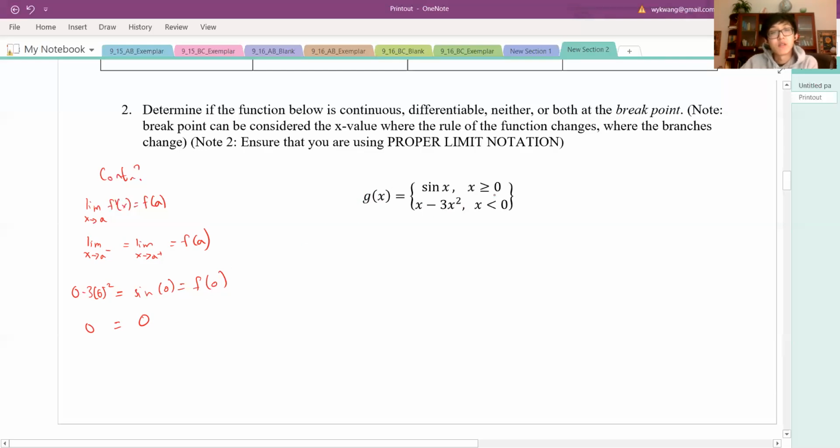So we plug 0 into this function. Where does it go? This is when x is less than 0. This is when x is greater than or equal to 0. So we plug it into the sine of x. So that's actually going to be sine of 0. What is sine of 0? We already saw it's 0. Cool. So all these three are equal to each other. So it is continuous because our requirements are met.